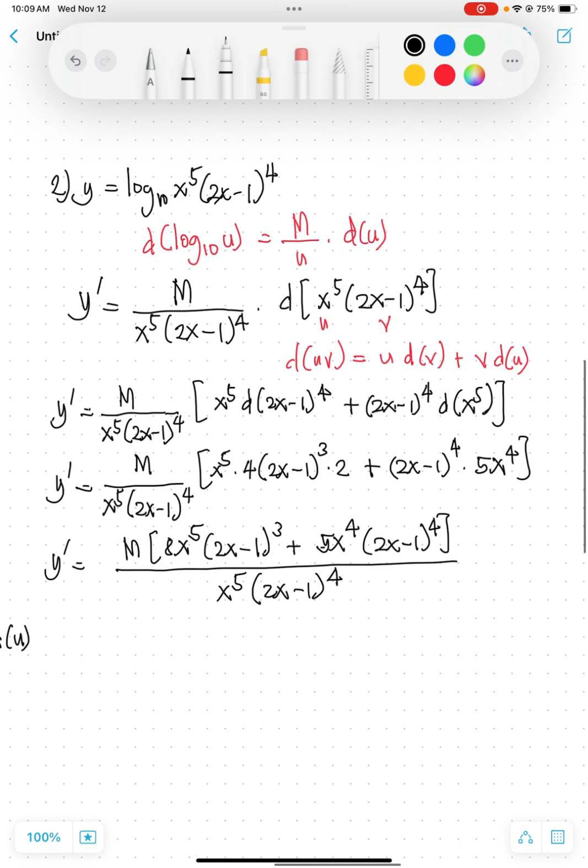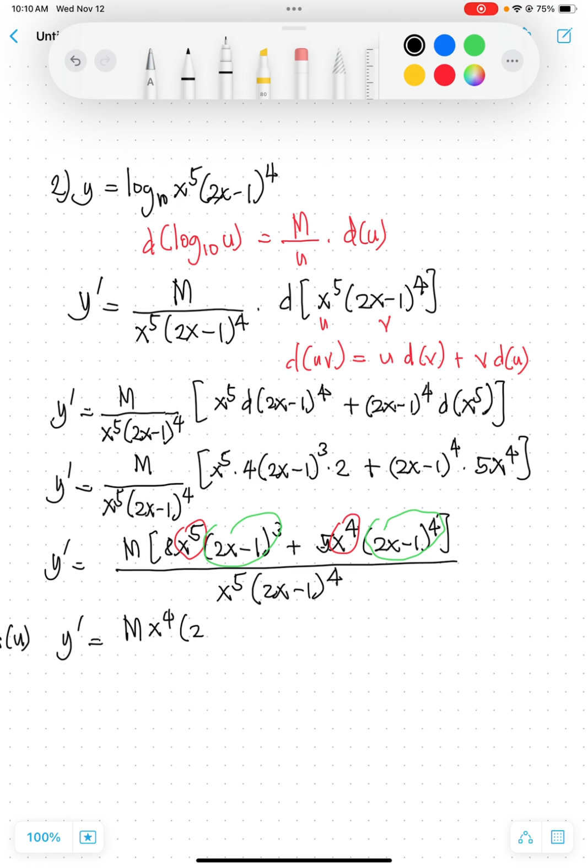Okay? So I'll have y prime equals, so here we do factoring. So there is a common factor, x raised to 4 and then 2x minus 1 raised to 3. So we are going to factor out the common factors. So we have y prime equals m. So for common factor x raised to 4, and then common factor also 2x minus 1 raised to 3.